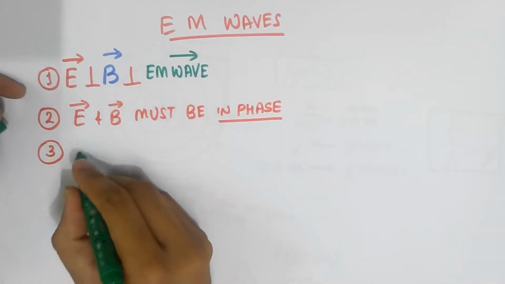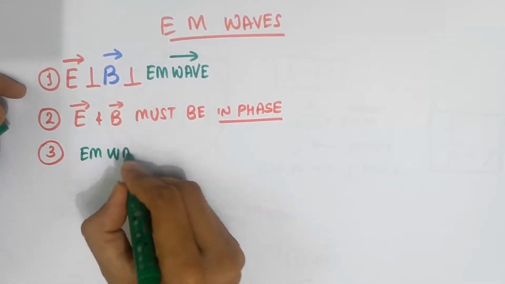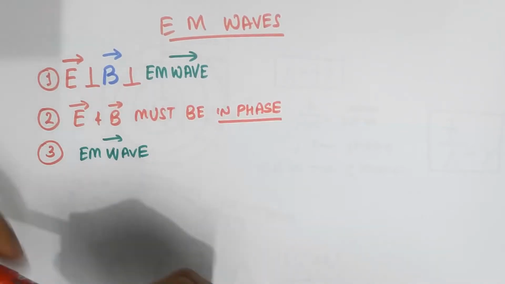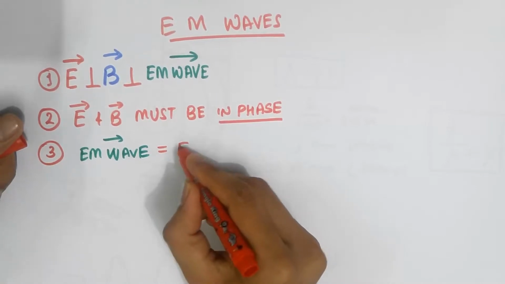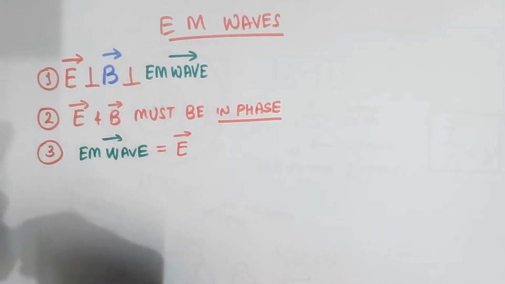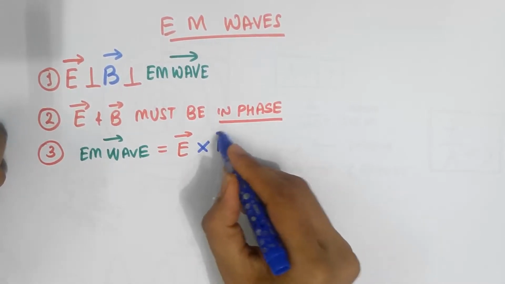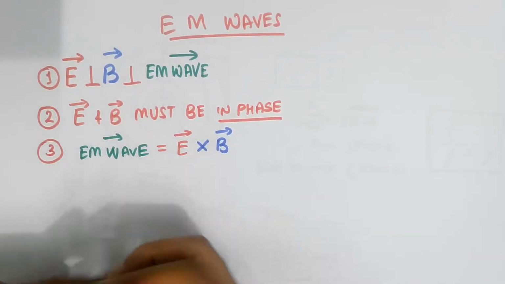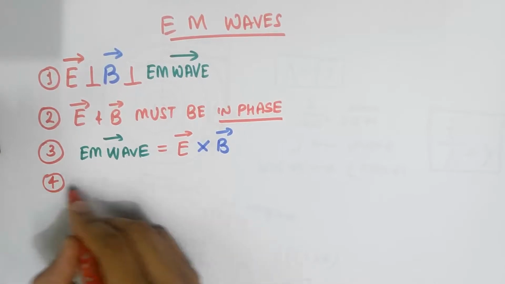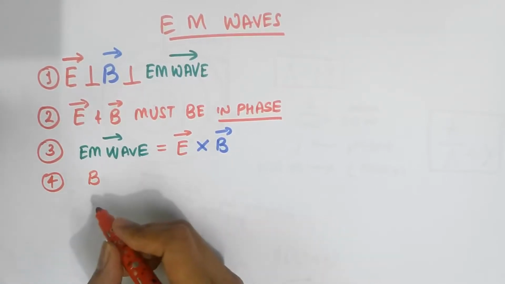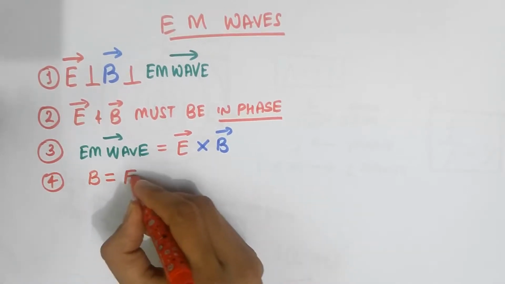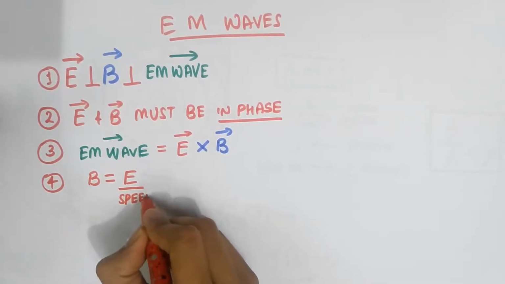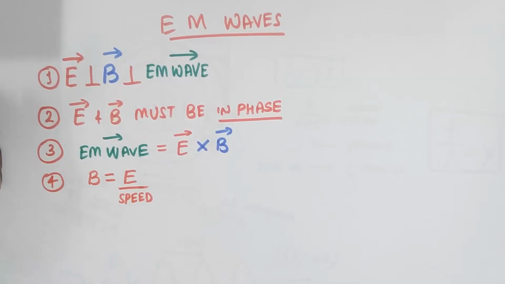We know it's perpendicular to the electric field and magnetic field, but it should also follow this rule: it must be in the direction of E cross B. And one last rule is that the magnetic field must always be equal to the electric field divided by the speed of the wave.